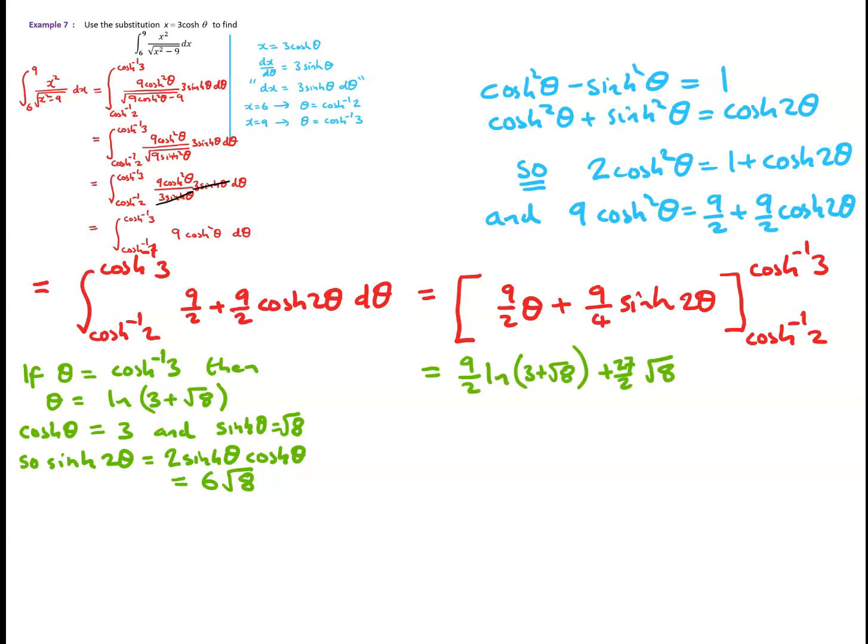So the first part, the value when we've got theta equals cosh to the minus 1 of 3, has got an exact value of 9 over 2 ln of 3 plus root 8 plus 27 over 2 root 8.